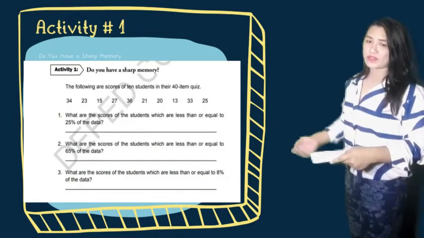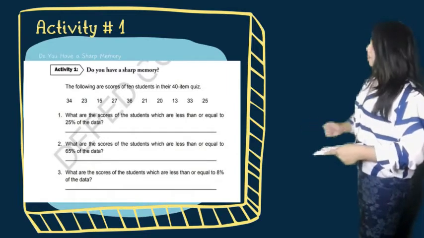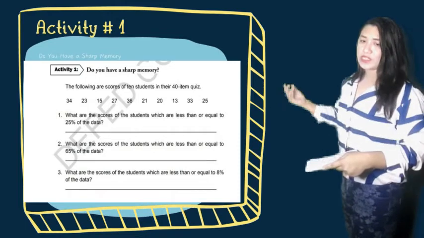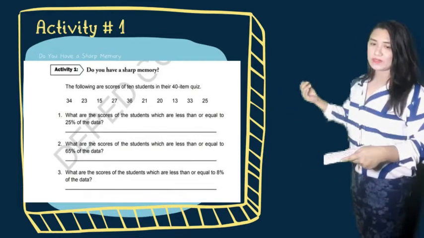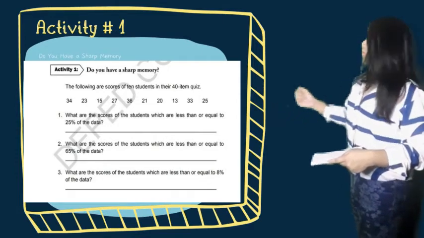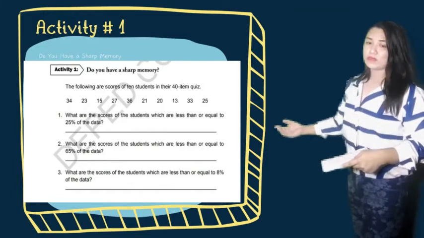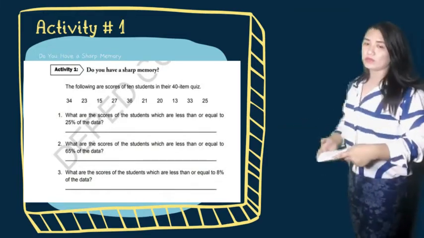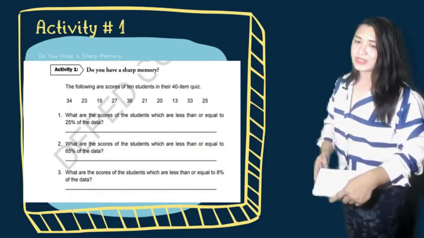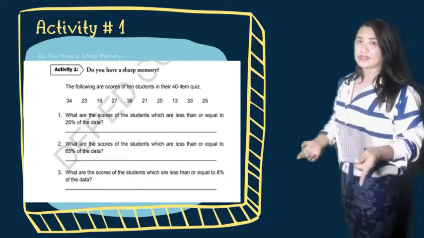Do you have a sharp memory? The following are the scores of 10 students in their 40-item quiz. So I have here 34, 23, 15, 27, 36, 21, 20, 13, 33, and 25. Now, I want you to answer the following 3 questions below. The first one, what are the scores of the students which are less than or equal to 25% of the data?